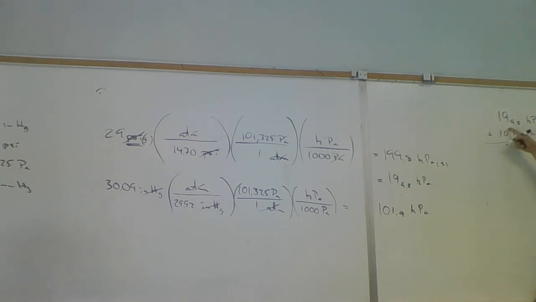And so the total pressure here is going to be 301.7, was it? Yeah, 301.7. But if I look at the uncertain digit, the uncertain digit is going to be here. So we're really only allowed 2 sig figs. So we'll round it to 3.0 times 10 squared, or 300 kilopascals.